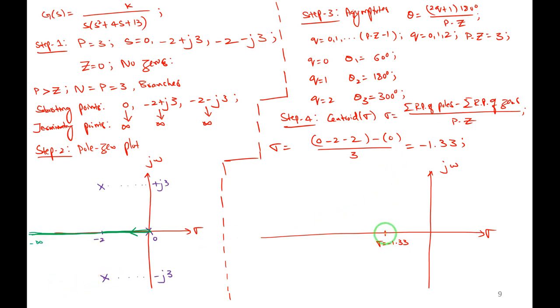From this centroid, measure the angles 60 degree, 180 and 300. 60 degree will come here, so this is theta 1 equal to 60 degree. Next, this is 180 degree, theta 2 equal to 180 degree. Then theta 3 is 300 degree. This sketch shows the centroid and asymptotes. We'll continue with the further steps.